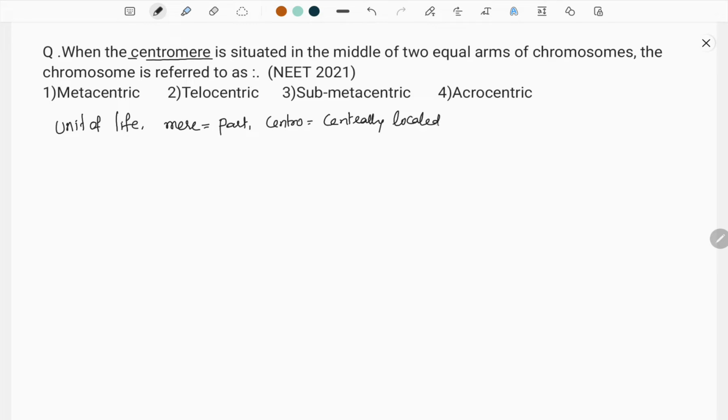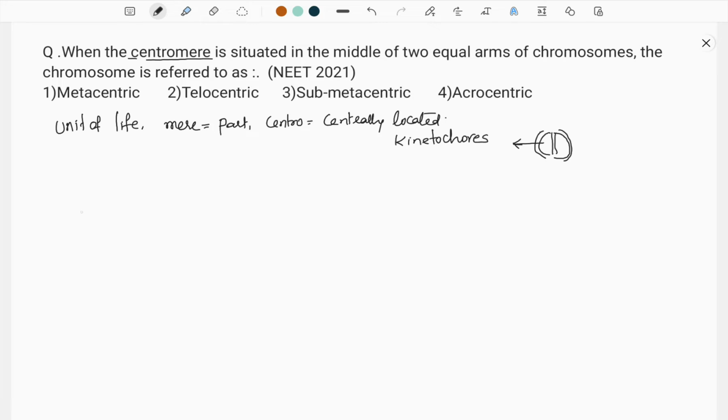So the centromere contains two couple-like structures called kinetochores. To the kinetochores, the spindle apparatus is attached during metaphase and the chromatids are pulled apart to the opposite poles. So what is the significance of this centromere?